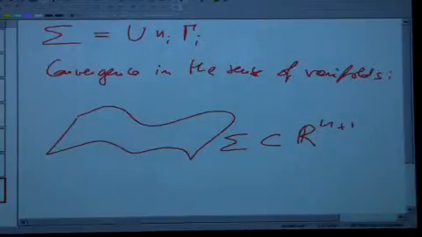Okay, I actually consider two different measures. So the first measure is the volume measure restricted to sigma, meaning if I want to measure what is the measure of a certain subset of Rn plus 1, I just intersect with the surface, and I compute the measure of the intersection. So this defines a measure. So this measure I denote it this way. So this is the first measure.